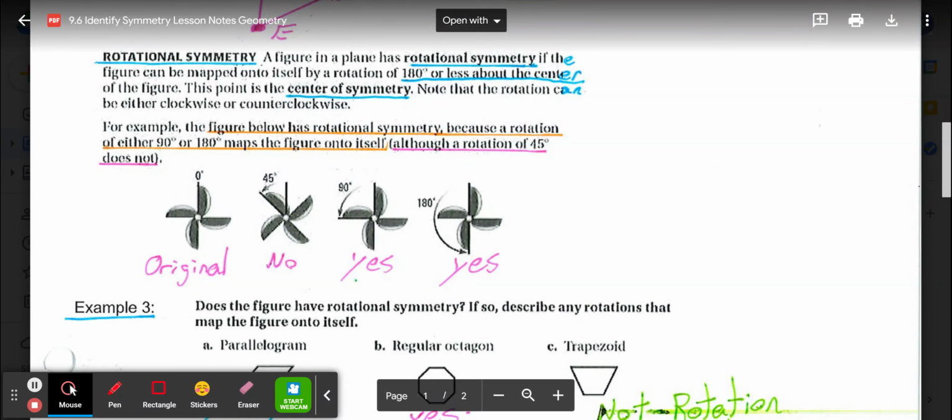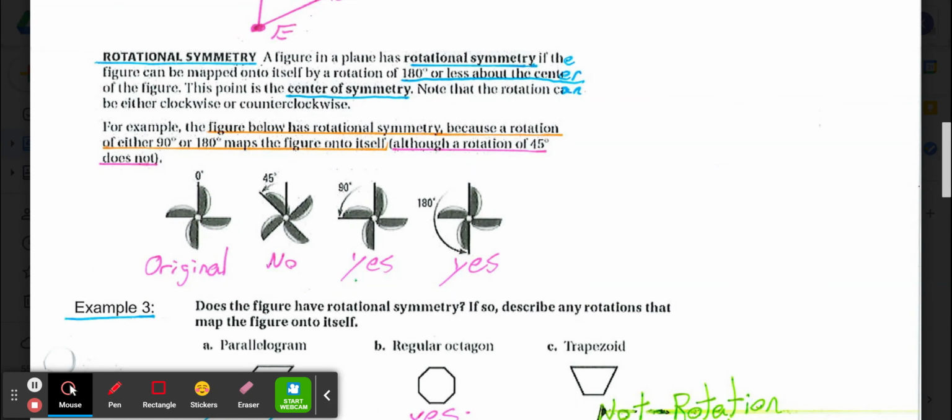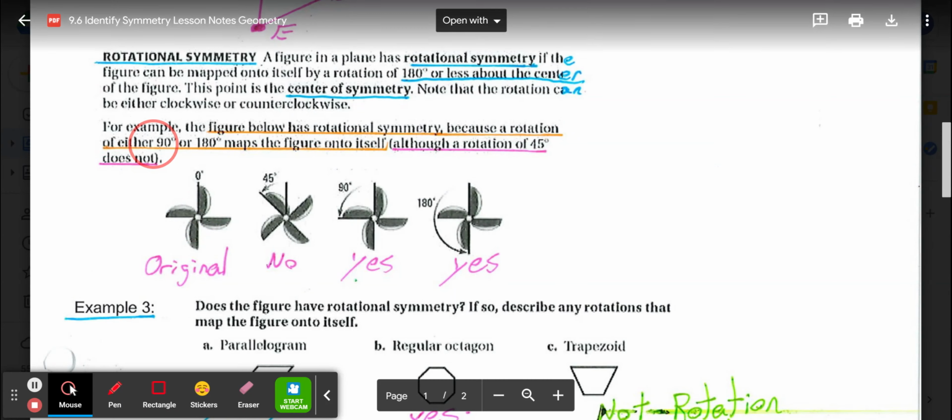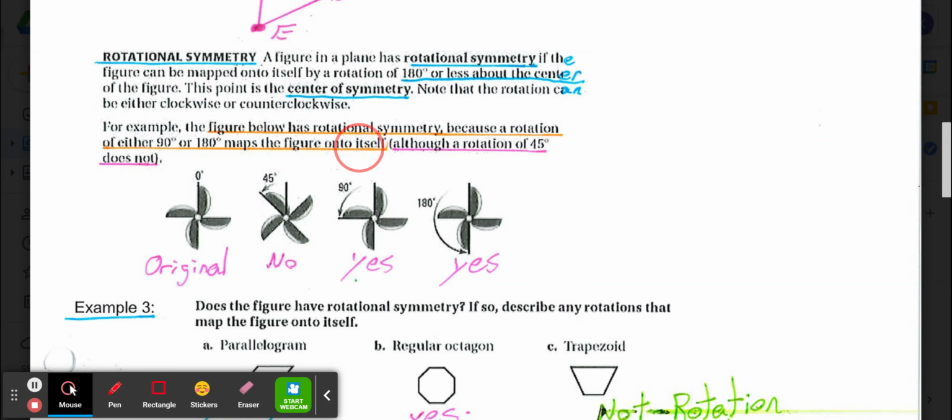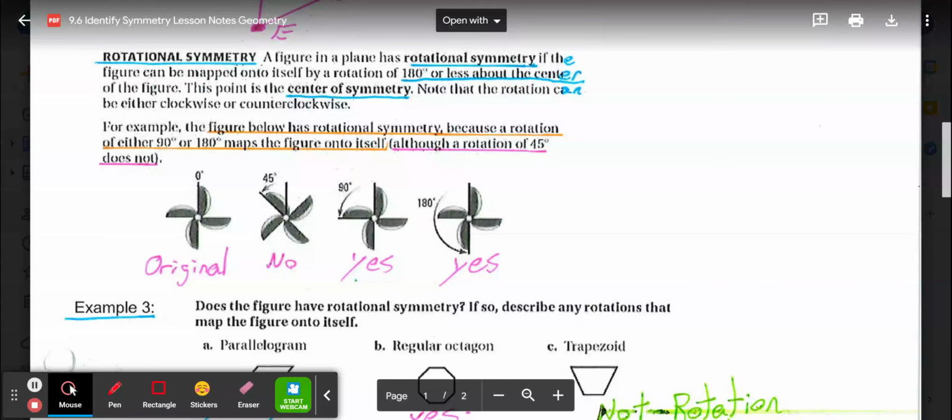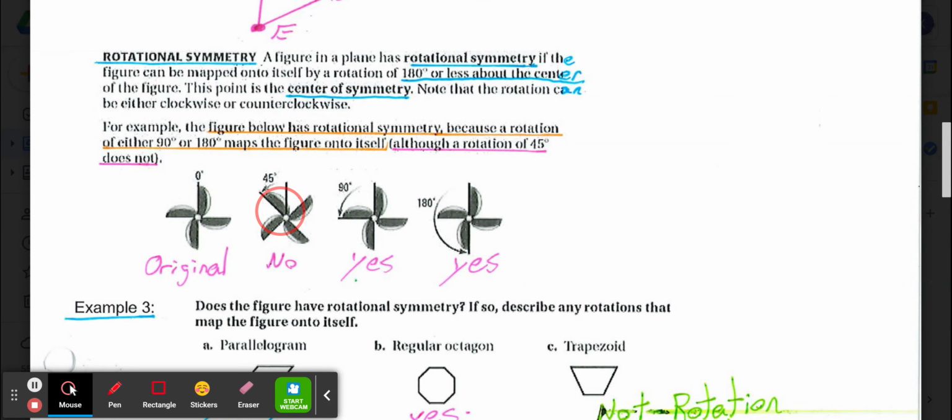For example, looking at this propeller blade, the figure has rotational symmetry because a rotation of either 90 degrees or 180 degrees maps the figure onto itself. Even though 45 does not, that doesn't matter. If there's any scenario where a rotation of 180 degrees or less maps it onto itself, it has rotation symmetry. The 45-degree rotation is not the exact same, but a 90 is the exact same as the original, same with a 180.